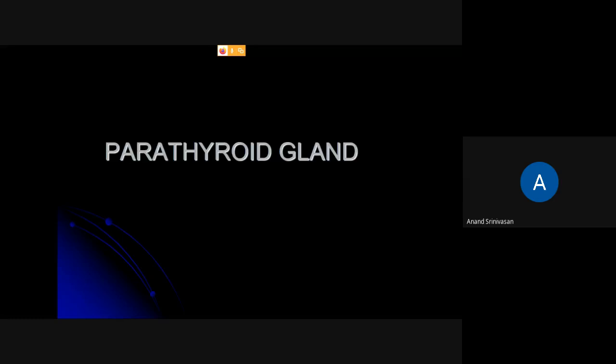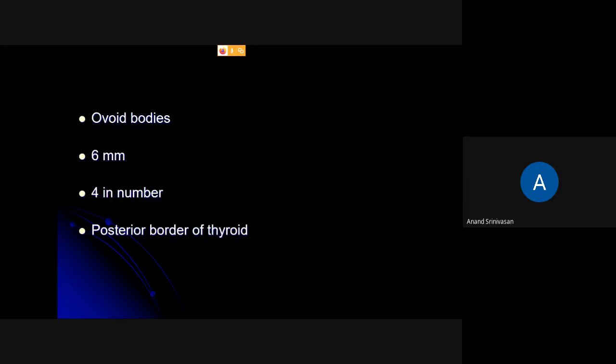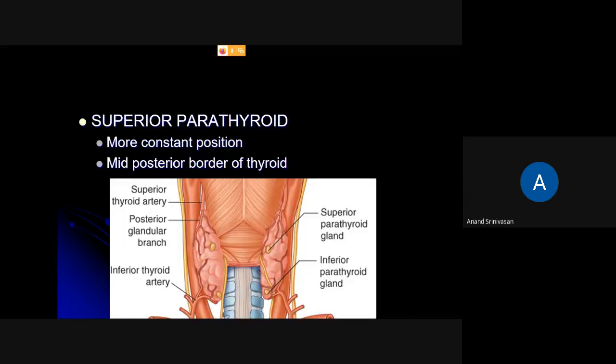During the surgery of the thyroid gland, if these parathyroid glands are accidentally removed, what will happen? The calcium metabolism will be affected. As a result, the person will go into hypocalcemia.